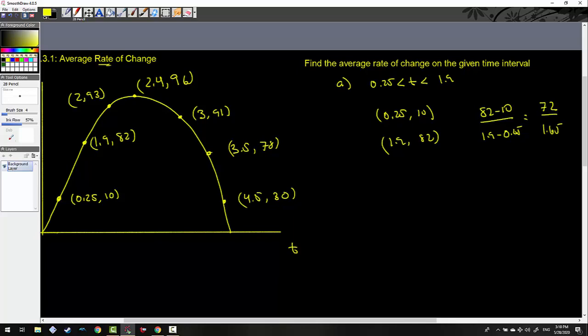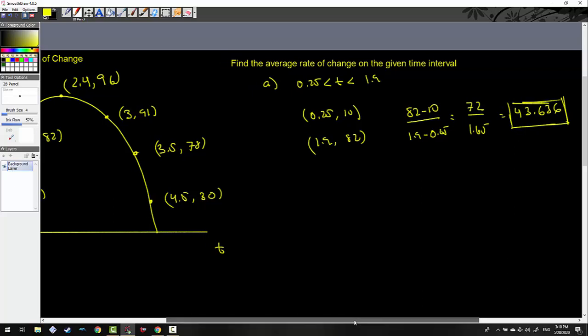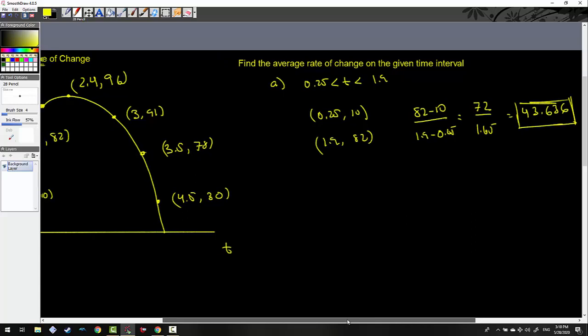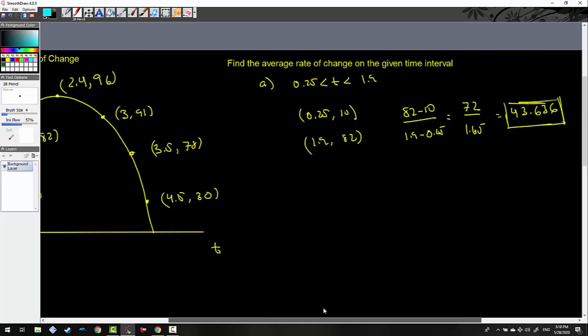And if I divide that, I will get 43.636. So what that's saying is that that's the average rate of change on the interval from this coordinate here to this coordinate here. Your average rate of change, your slope, is 43.636.